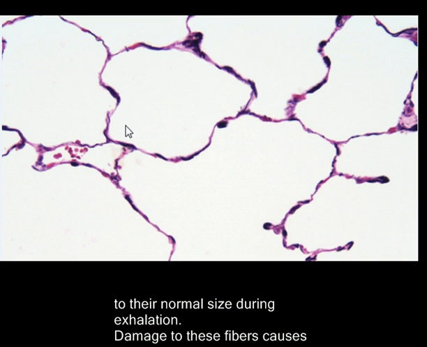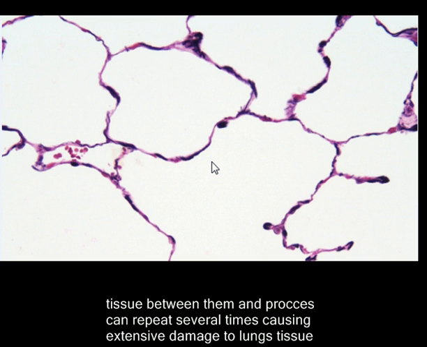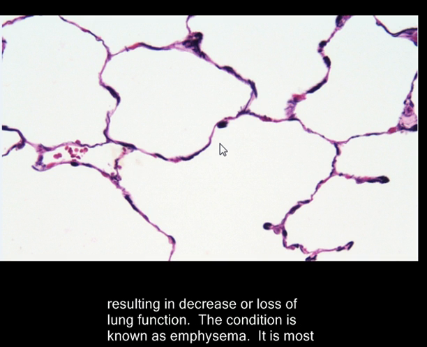These fibers get damaged, and damage to these fibers causes damage to alveolar walls, and two alveoli can become one as a result of loss of walls between them, and tissue is also lost, and the process can repeat several times, causing extensive damage to lung tissues, resulting in decrease or loss of lung function in a particular area. This condition is known as emphysema.